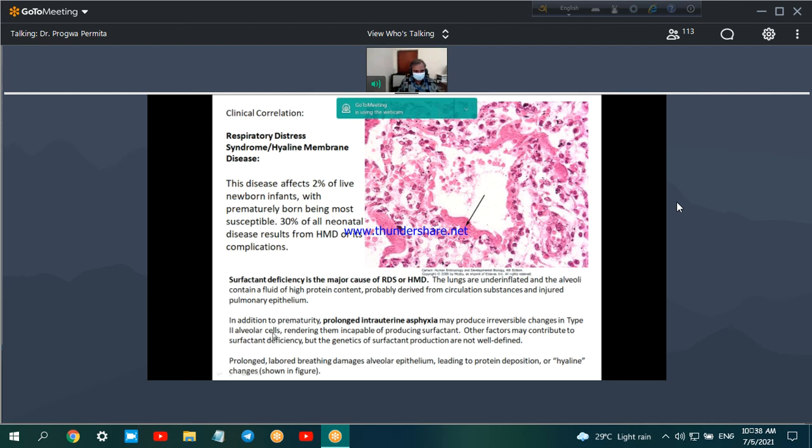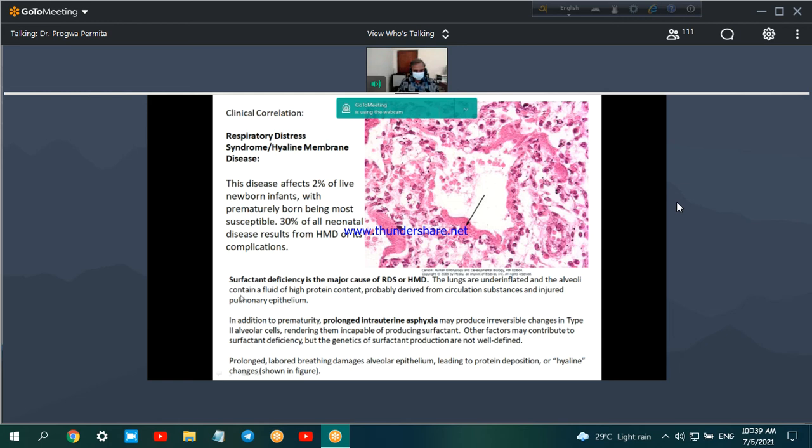These type 2 alveolar cells secrete surfactant. So due to the injury to these cells, surfactant cannot be produced, which will create respiratory distress in the newborn. Other factors may contribute to surfactant deficiency, but the genetics of surfactant production are not well defined.